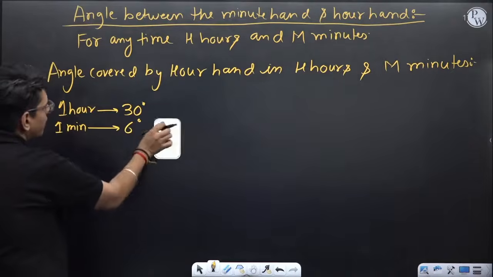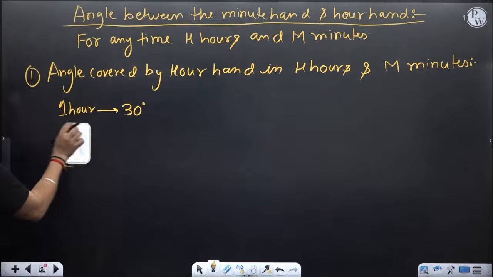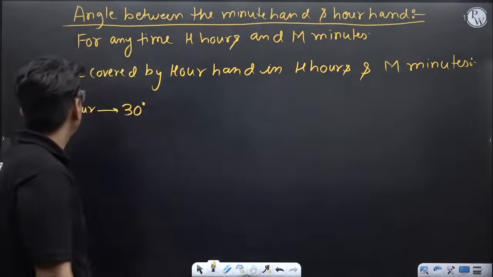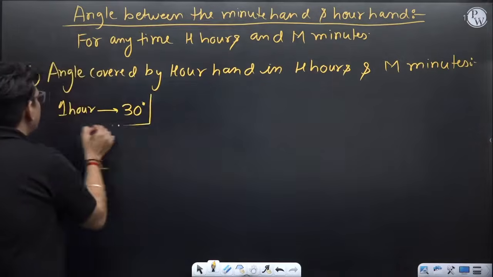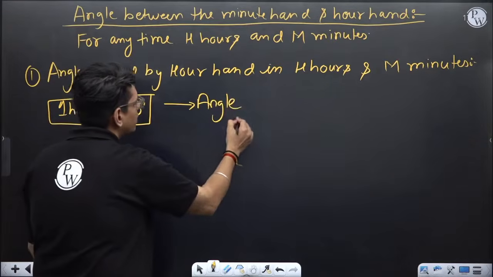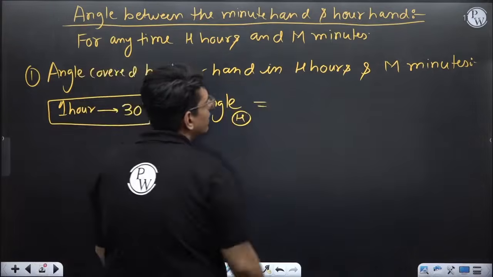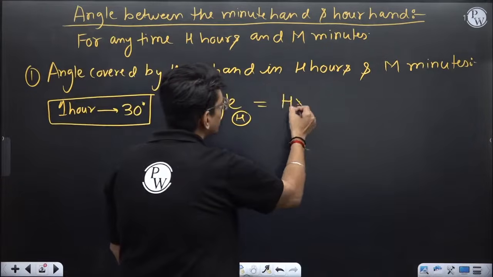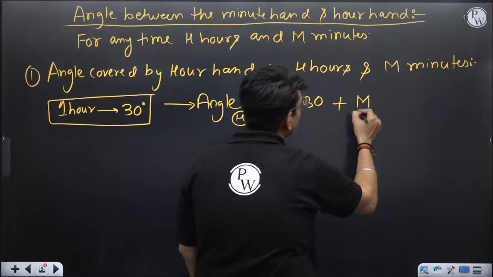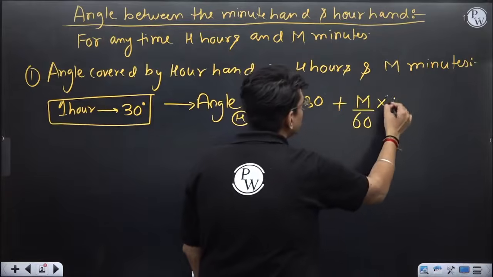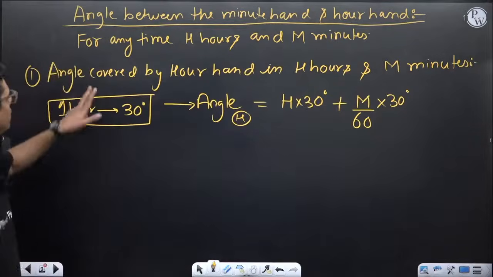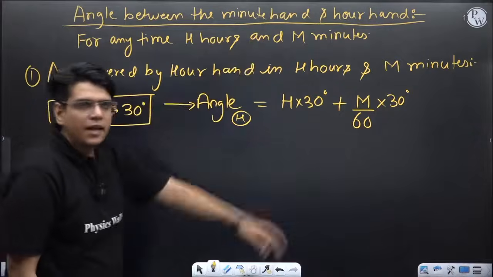Or you can say we can convert the minutes to hours also by dividing by 60. So let's see what's the angle. Remember this, okay? The angle of the hour hand is equal to h into 30 plus m, how many minutes, converting it to hours, into 30 degrees. This is the angle covered by the hour hand in h hours and m minutes.